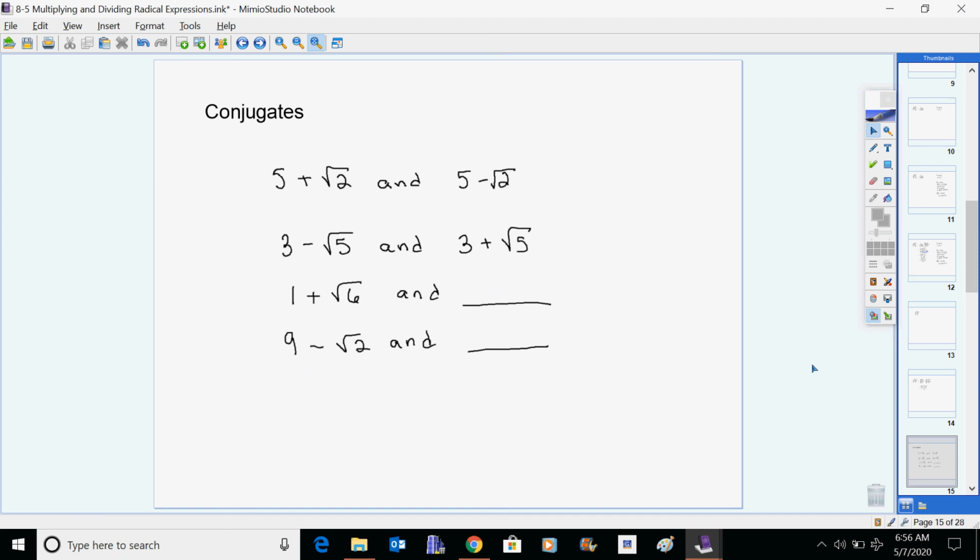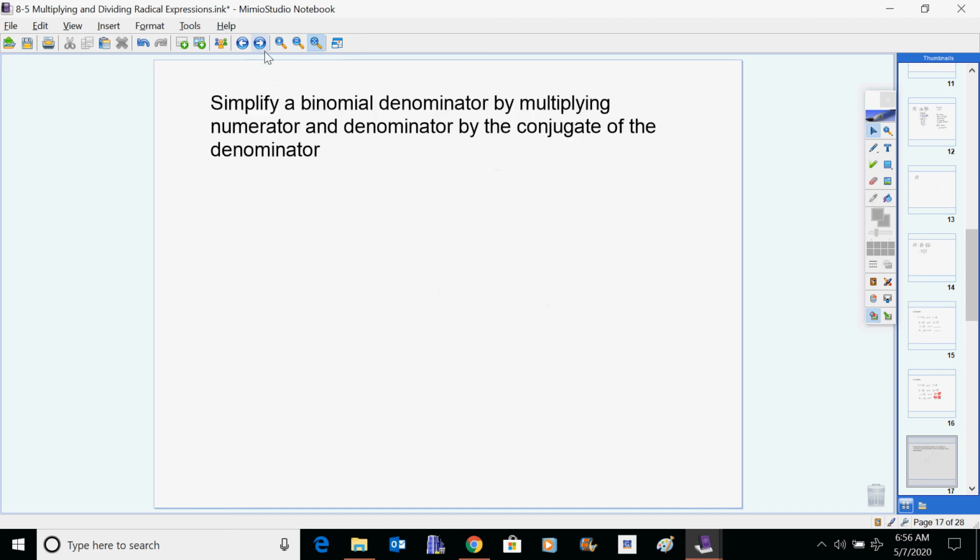Here you've got a minus, turn it into a plus, and all of a sudden you've got the conjugates. So this would be 1 minus square root of 6, 9 plus square root of 2. They're the conjugates. They're useful because when you multiply a number and its conjugate, those middles drop out, just like when we showed in the earlier examples.